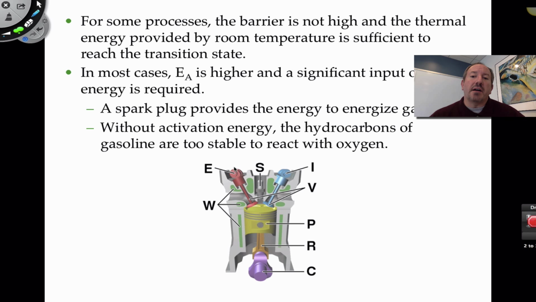As it turns out, it's an exergonic reaction. In other words, it's going to release heat. The products are more random, so it's a positive delta S, and therefore a negative delta G, free energy. But yet, it doesn't happen at room temperature because the activation barrier is too high, so you need a spark plug to get it going.